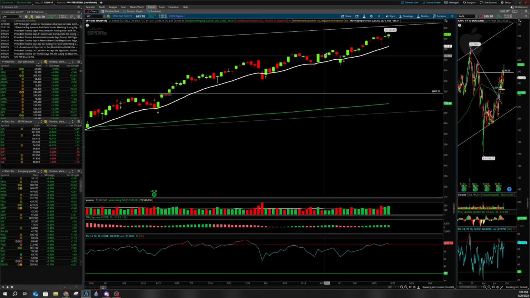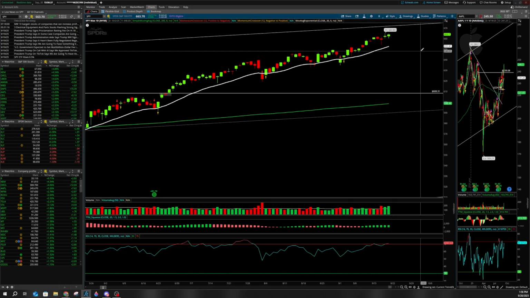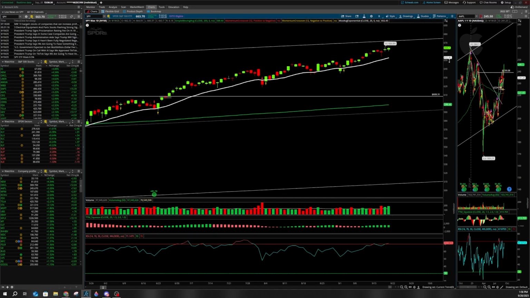It may be those overwhelming, outperforming stocks that'll continue to go higher, or the other stocks that are getting rotation at that given time.